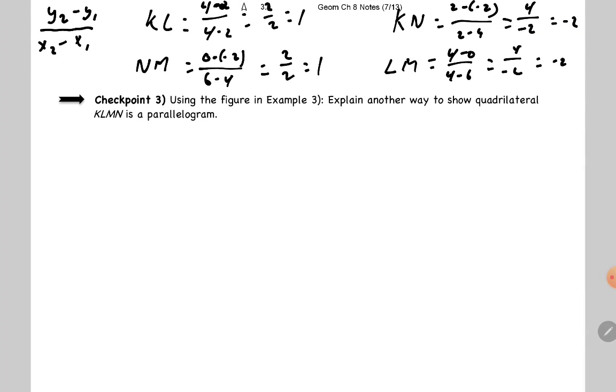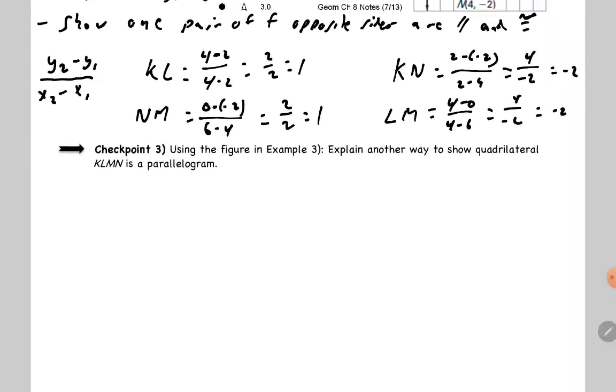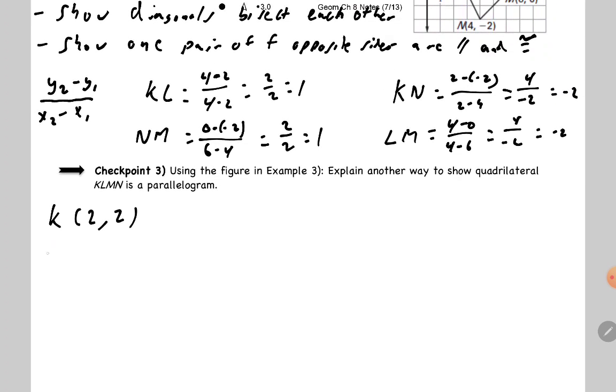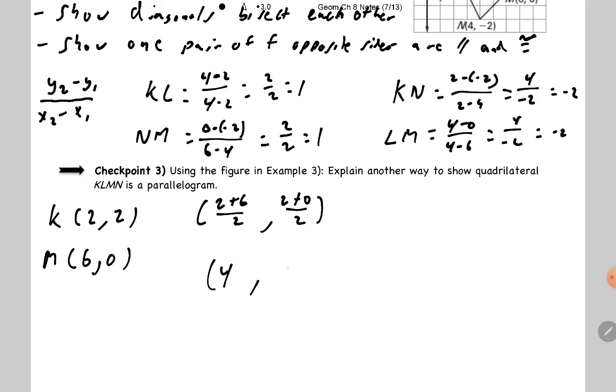So for example, looking at KM, K is 2, 2, M is 6, 0. The midpoint formula is we add the x's together and divide by 2, and then we add the y's together and divide by 2. So 8 divided by 2 is 4, and 2 divided by 2 is 1. So the midpoint of that is 4, 1.